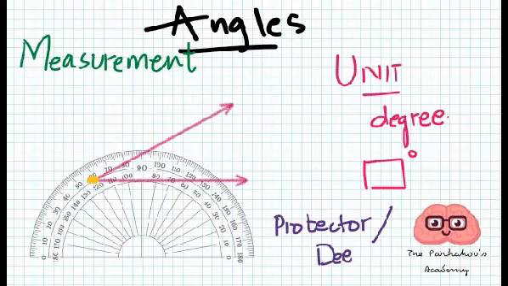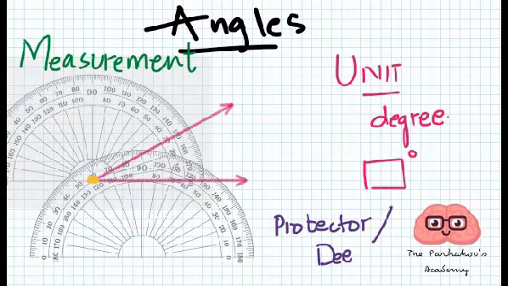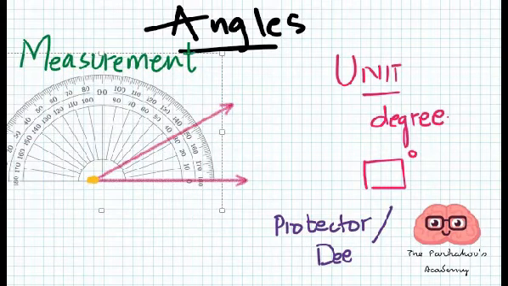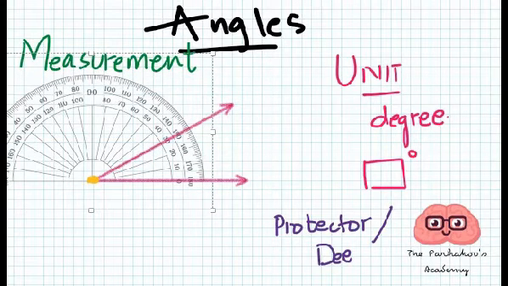Now let's see how we can measure it. We place this protractor such that the origin of the protractor coincides with the vertex, like this. So now we have placed it in such a way that the 0 of the vertex and the 0 of the protractor coincide with each other, and the baseline coincides with the first ray.